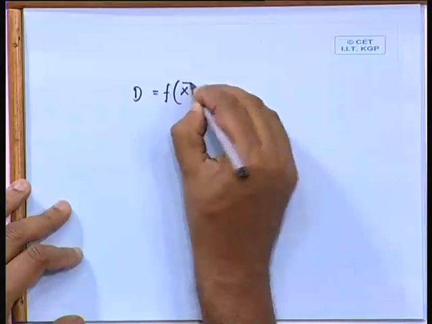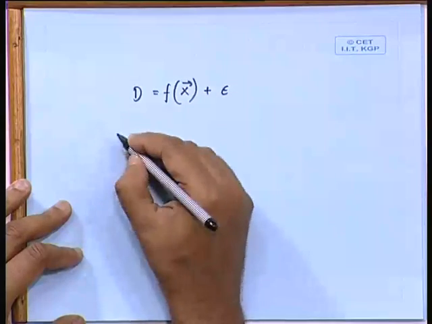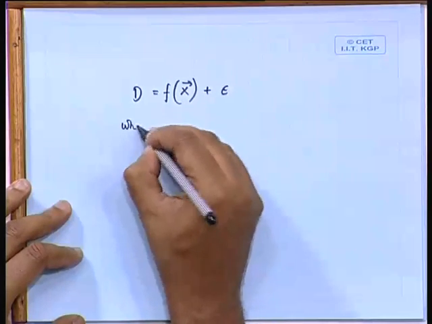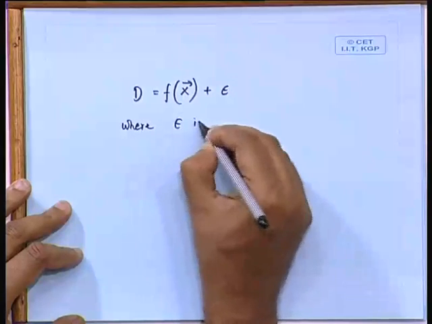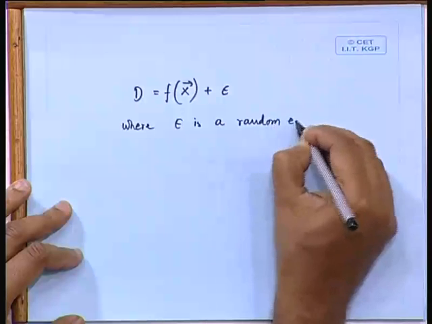So, the dependence between D and x can be modeled as f of x vector plus epsilon, where epsilon is the random expectational error.